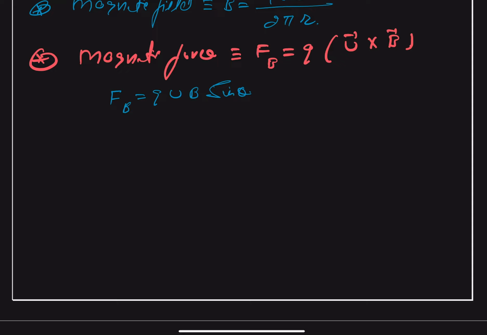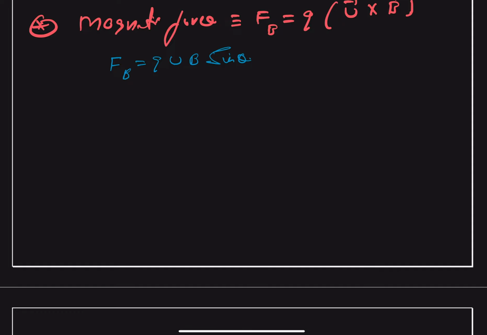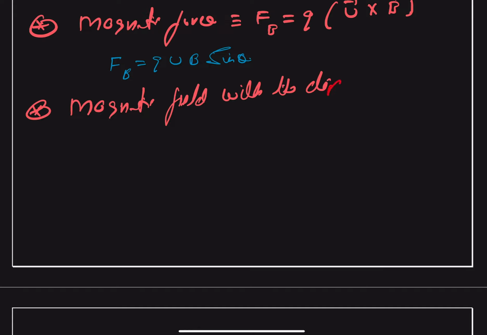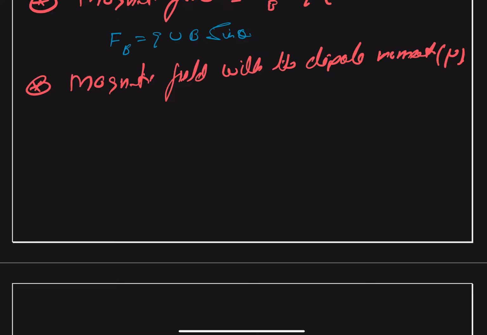And for the magnetic field with the dipole moment, where the dipole moment is represented as mu, we can write that our magnetic field will be equal to mu naught upon 4 pi, and this comes as 2 mu, divided by, let us call this L cube, where this L is the distance from the axis.